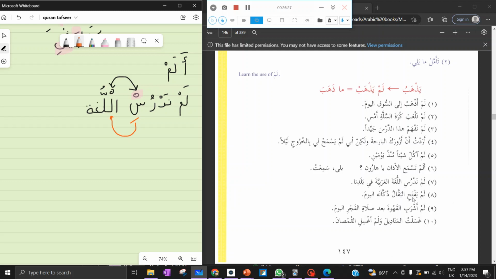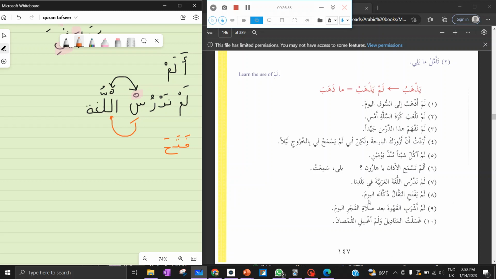Yaftah comes from the verb fataha, from the past tense fataha. And again, al-baqqal is the grocery man. Dukkan is shop, and with the noun the damir is attached, that means his shop. Lam yaftahil baqqal dukkanahu means the grocery man did not open his shop.